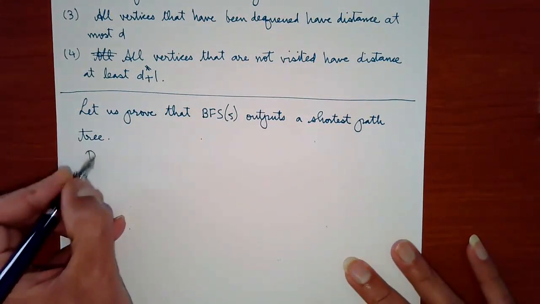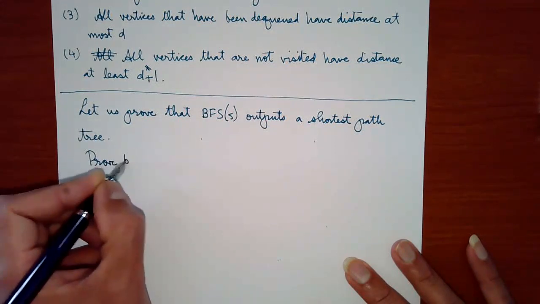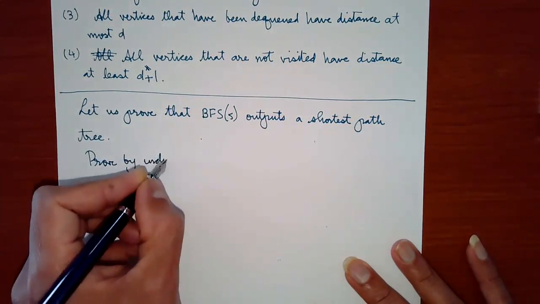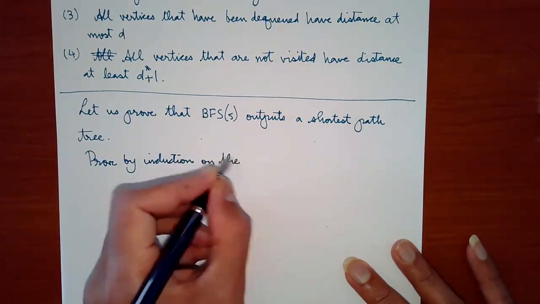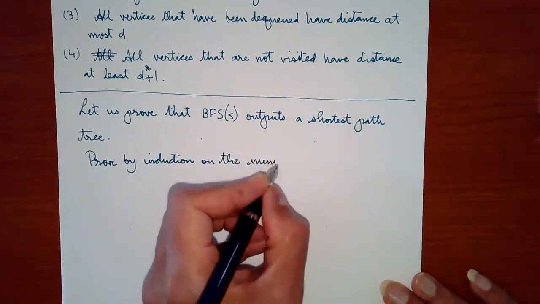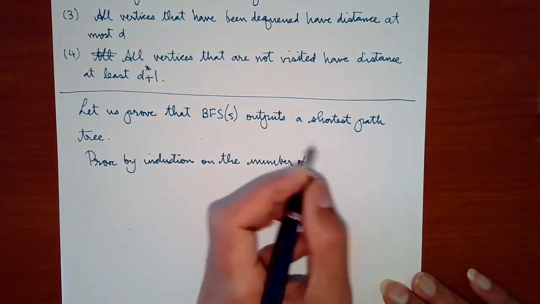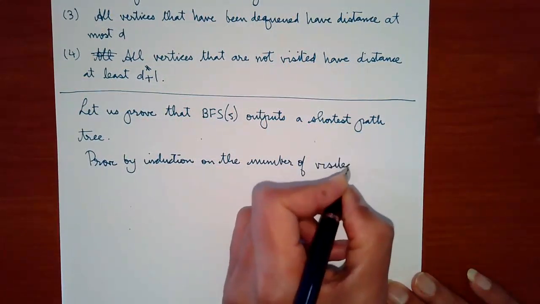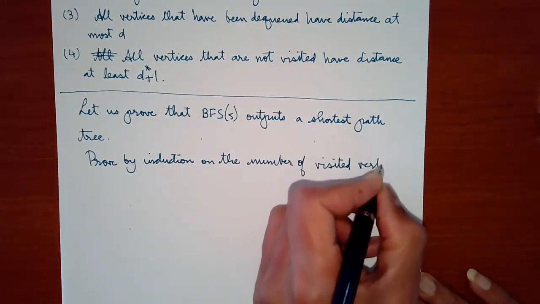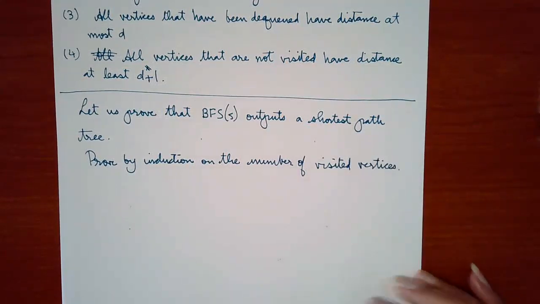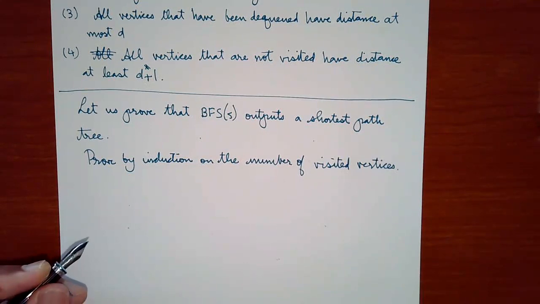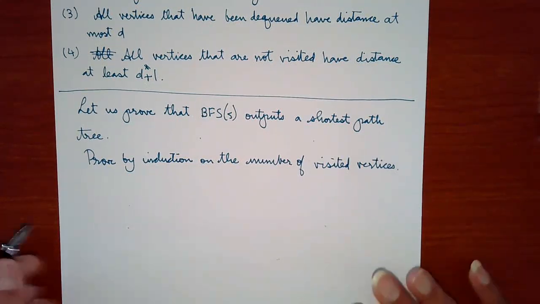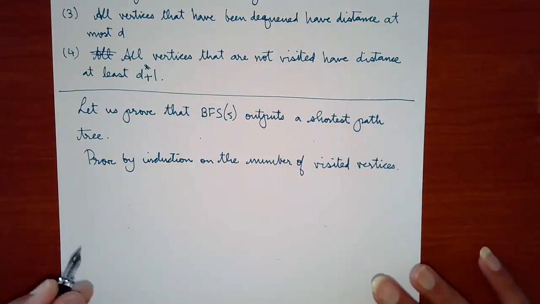Right, so we prove by induction on the number of visited vertices. Right, because every time you visit, that's when you actually increase the BFS, increase the shortest path tree. So we'll prove by induction.